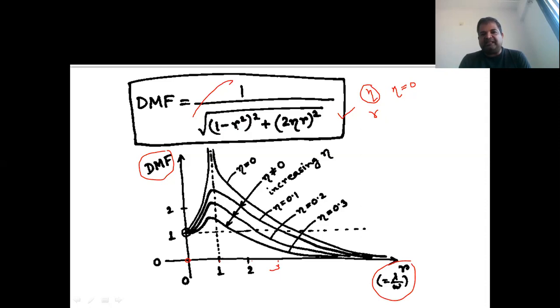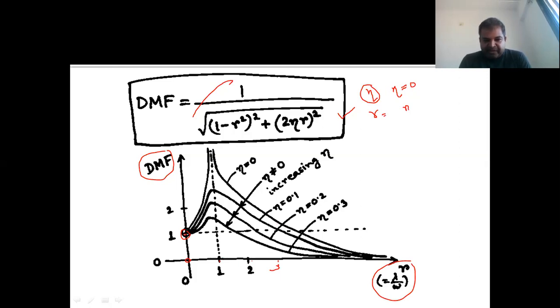So 1 minus 0 whole square, plus 2 eta r, which is 0. So this term will be 0, right? So 1 upon 1 is 1. So the value which comes is this. Am I right?